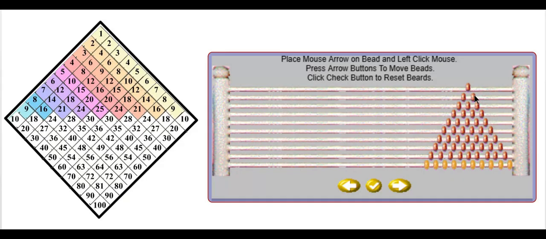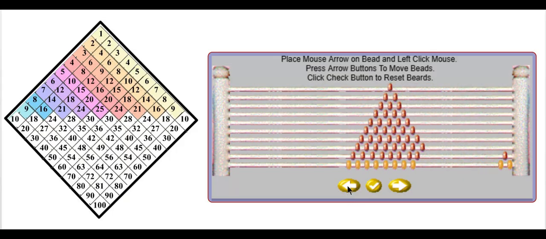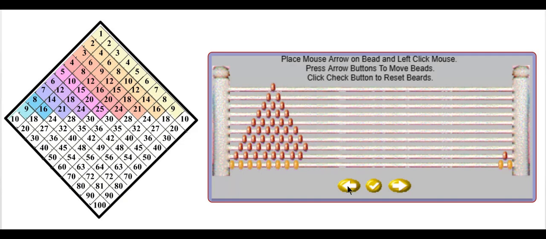And we could also do 1, 2, 3, 4, 5, 6, 7, 8. And we can do 8 times 2, where the sum of the digits will equal 10. And we'll see again that the lower corner bead will be right above the 10th rod.